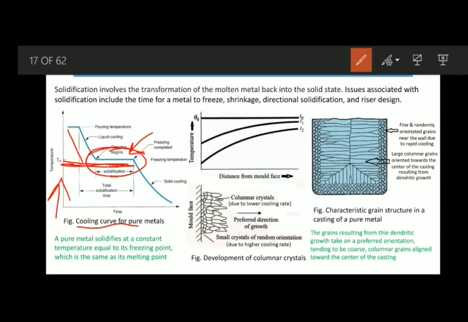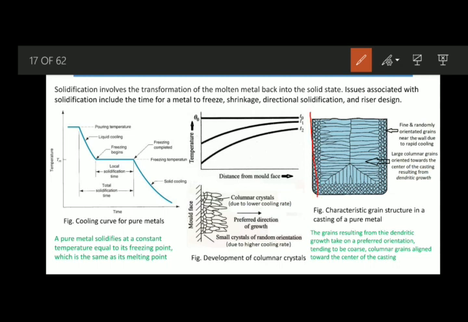Now once again the phase change is happening, from liquid to solid, and whatever latent heat it previously soaked up for converting the phase from solid to liquid is now released to the surrounding. Here it gets completed, and after that we have the solid region, and this is known as the solid cooling.